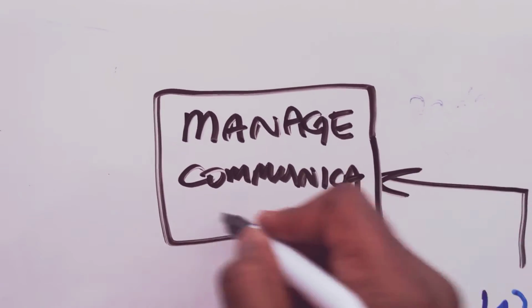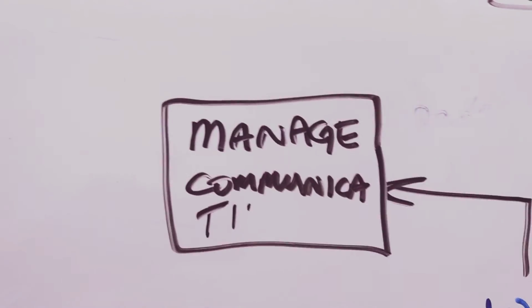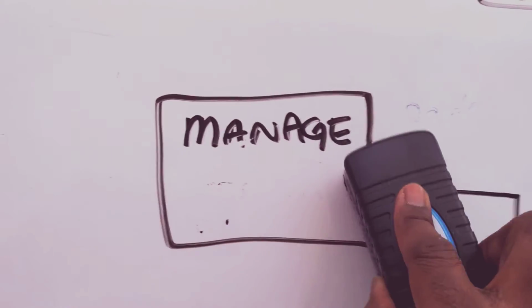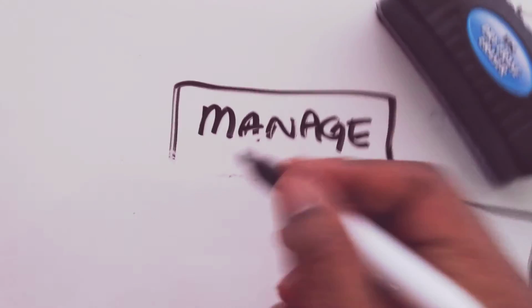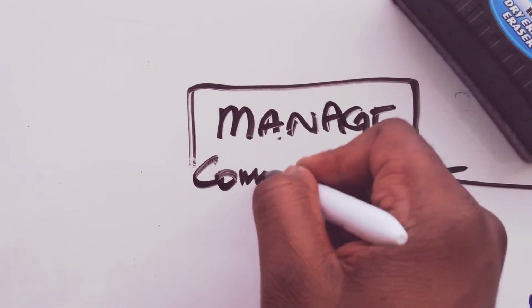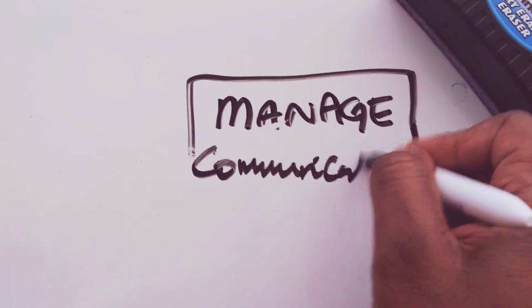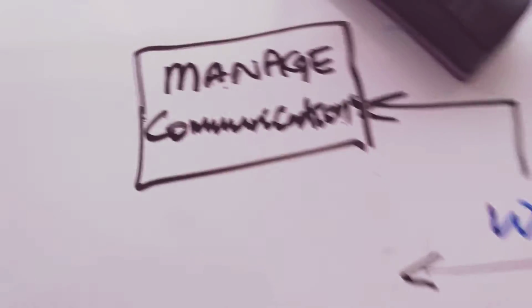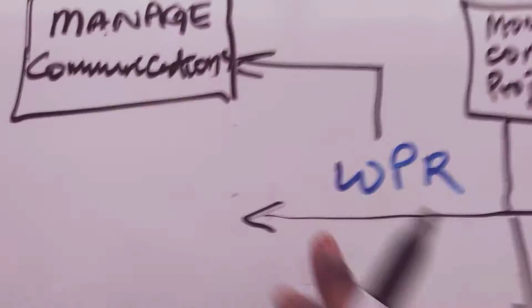We're running out of space. You get the picture. Excuse my horrible writing. Manage communications. That's one of the places.